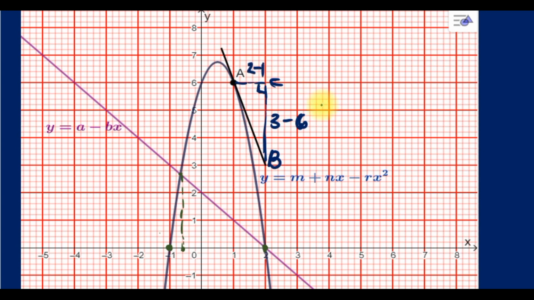So the slope of the tangent line AB, which is the slope of the curve, is 3 minus 6 over 2 minus 1, which is minus 3 over 1.